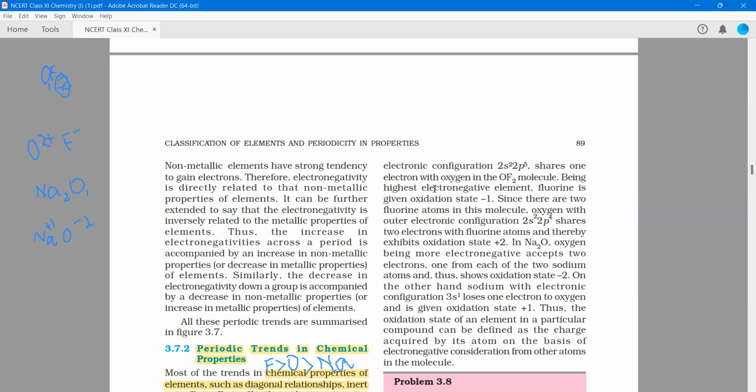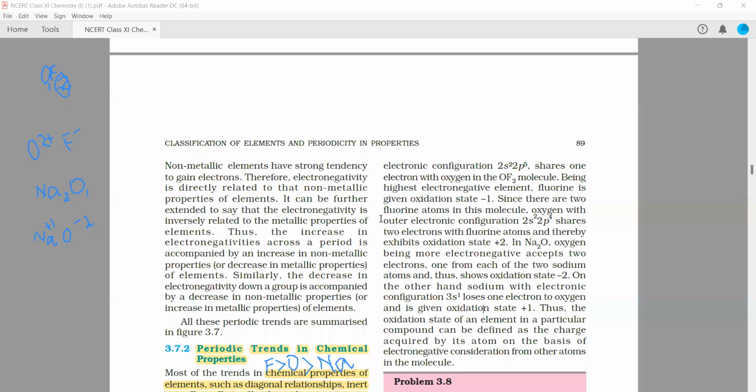In the OF2 molecule, only one is there, so it shares one electron. Being the highest electronegative element, fluorine is given an oxidation state of -1. There are 2 fluorine atoms in this molecule. So oxygen with outermost configuration is this. Two electrons are given by oxygen to fluorine, so F is more electronegative.